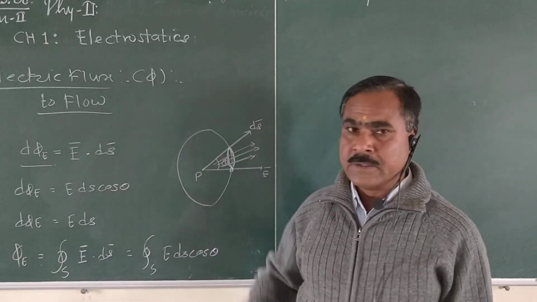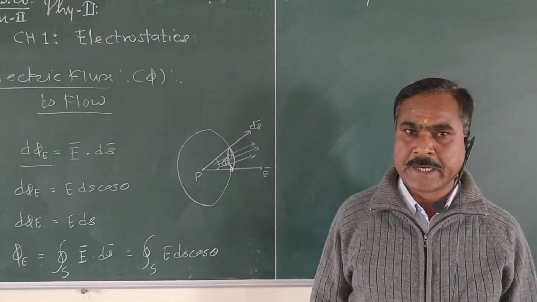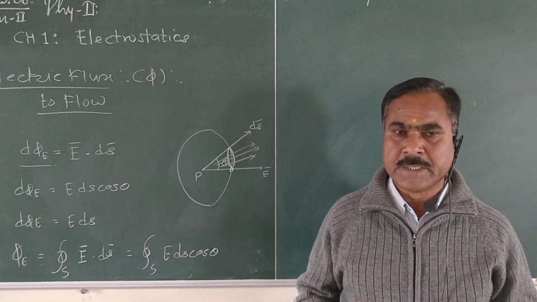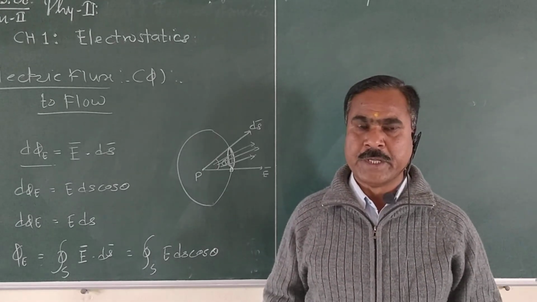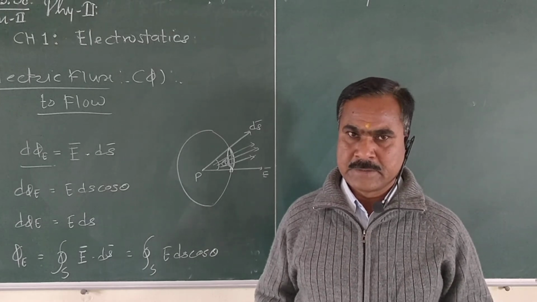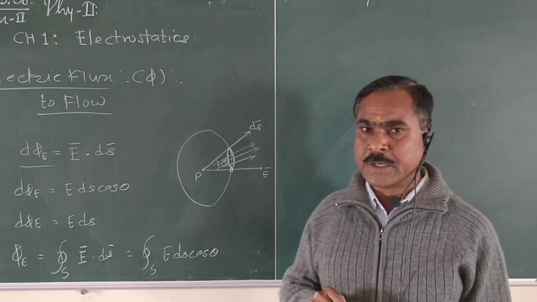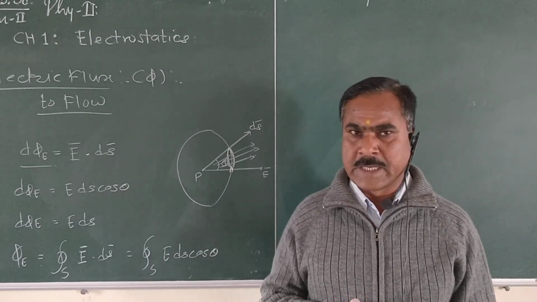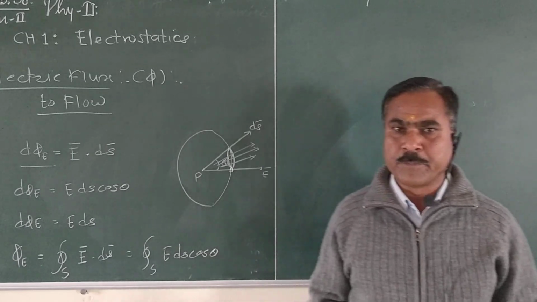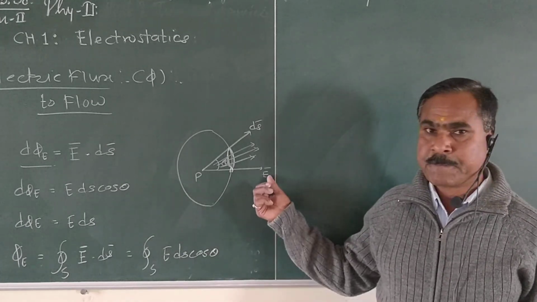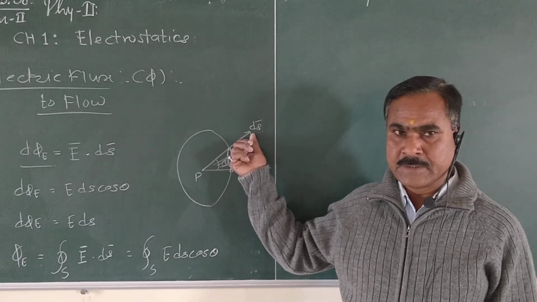Now here you have to give the definition of electric flux. Electric flux is nothing but the electric lines of force passing normally through unit area, or in other words we give the definition in terms of the product: electric flux is the product of the magnitude of electric intensity and surface area.